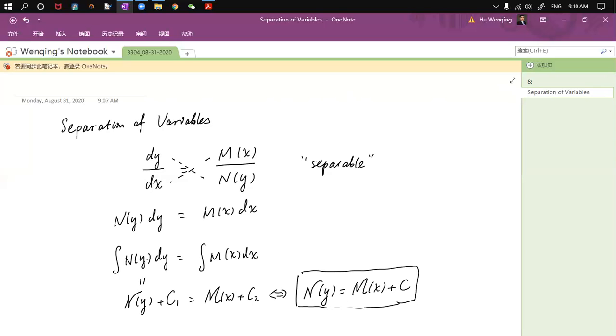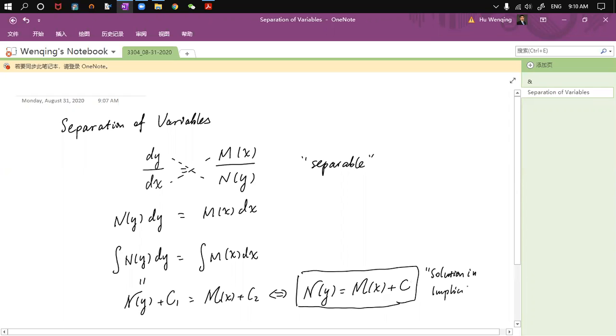Now, once you have this, you can see that this form of the solution is called a solution in implicit form, because it's not an explicit way to represent the solution. But from here, maybe by algebraic manipulations, you get y equal to y of x.